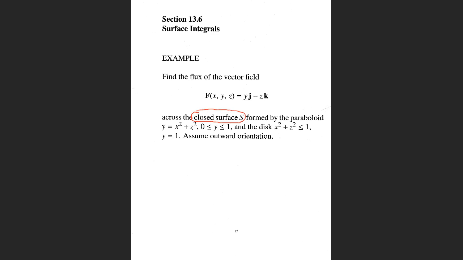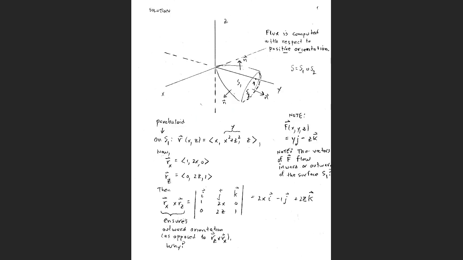And then I'm going to find the parameterization for the disk and then find the flux through that surface. So here we go. All right, here's a picture. Let me give you a moment to copy the picture down.